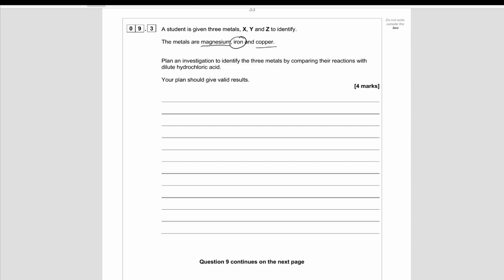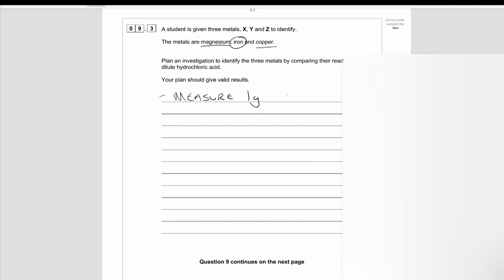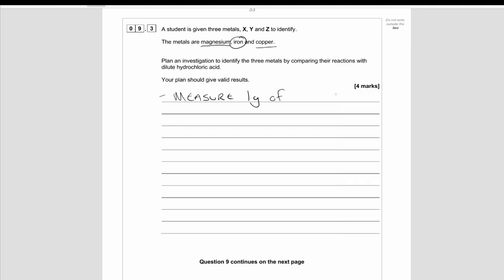What's the actual practical we're going to do? We're going to measure a specific amount of our metals, let's say 1 gram of magnesium to start with.